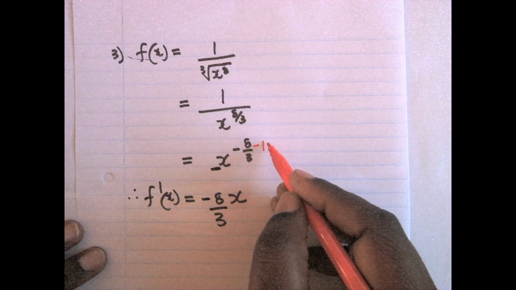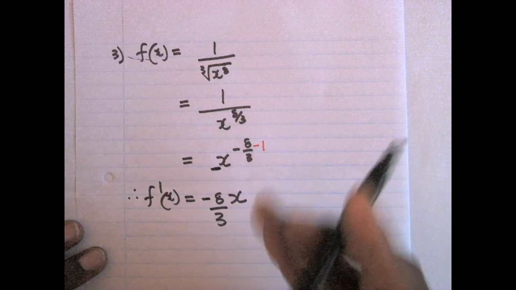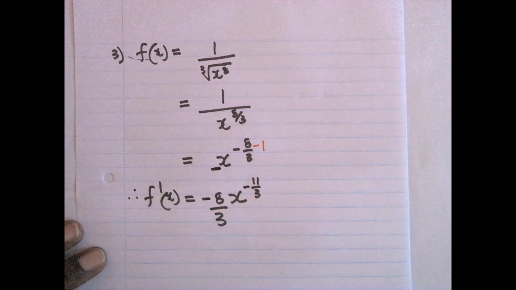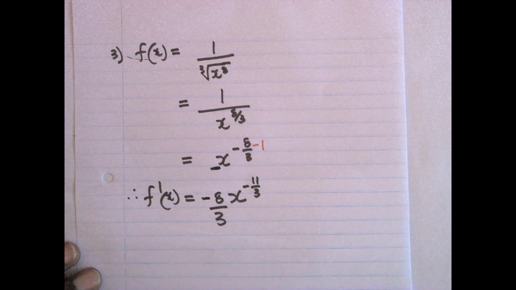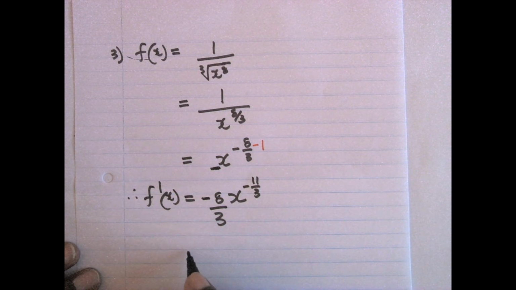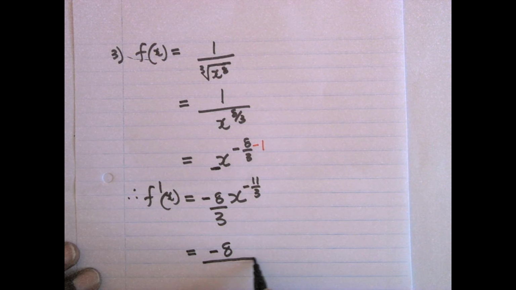And if I subtract 1 here, I'm going to get negative 11 over 3 as my new power. And again, I can rewrite this, depending on what the examiner wants, with a positive exponent. The negative 8 will remain in the numerator. The 3 was already in the denominator, so it stays in the denominator, but it's going to be joined by x to the power of 11 over 3.